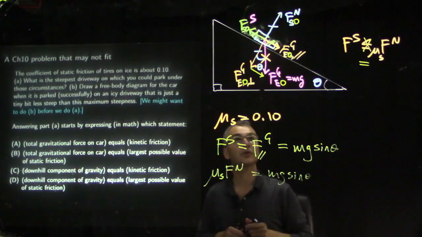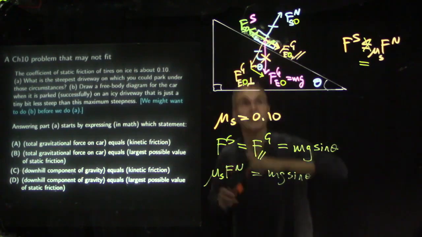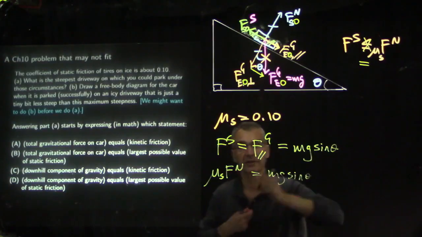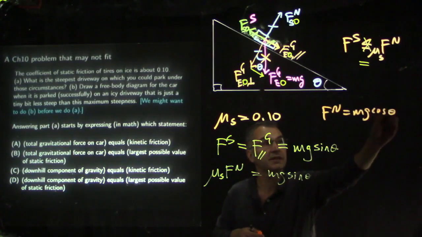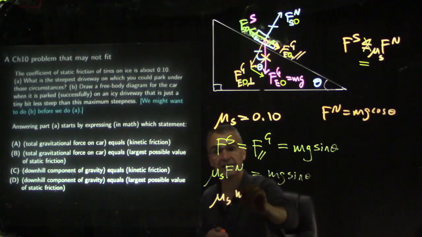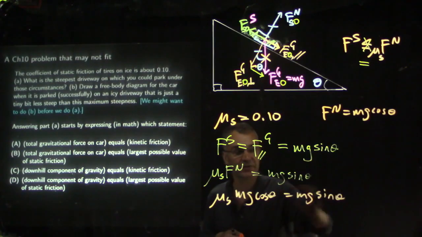But what's the normal force? We're not accelerating in this direction either, so the normal force must balance the into-the-plane, perpendicular component of gravity, which we argued earlier was mg cosine theta. So F normal is mg cosine theta. So we have mu static mg cosine theta equals mg sine theta. This is the result we just got a minute ago.